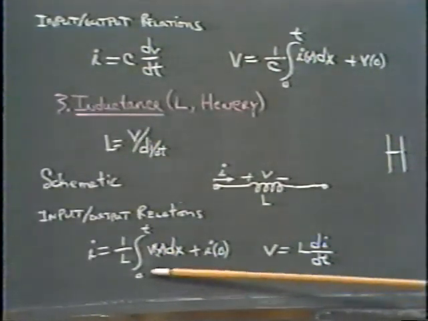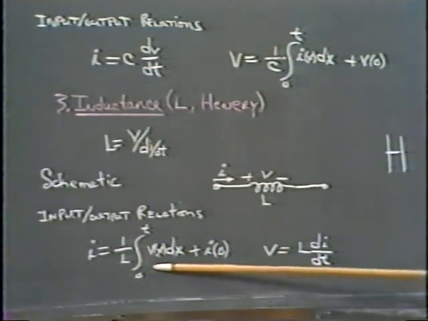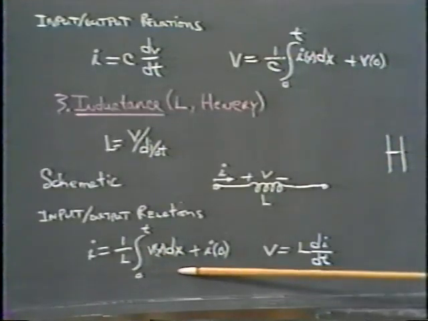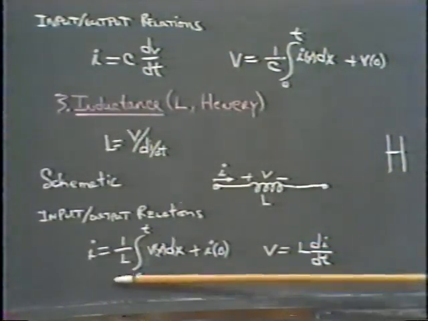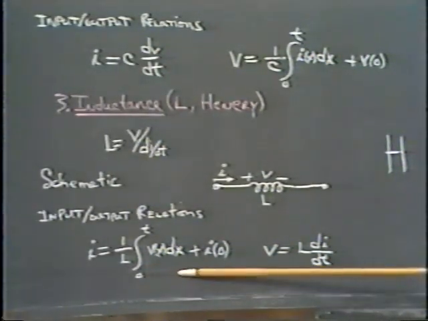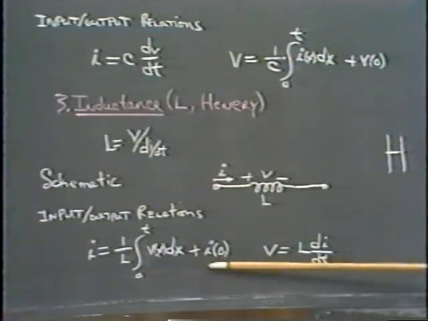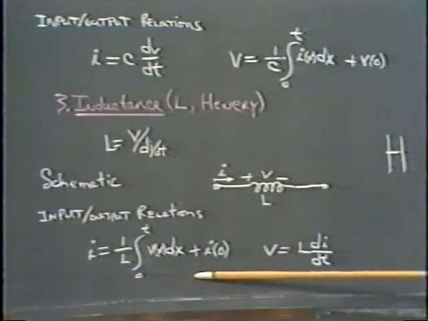Now this time, if we're given voltage across the device, we have the opposite situation from the capacitor. We now must integrate the voltage over some time period from 0 to t, multiply by 1 over the inductance, and take this, as represented by the integral, and add to it whatever initial current was flowing in the inductor.